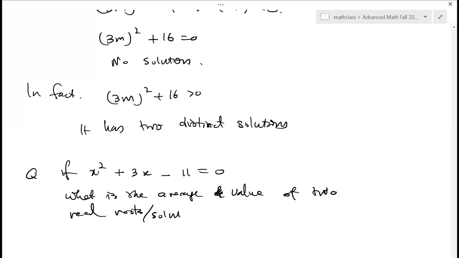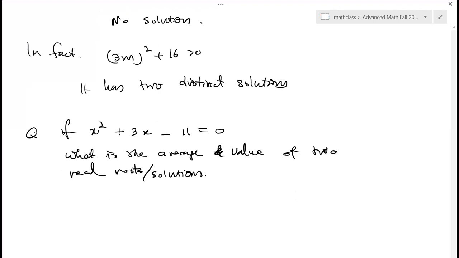Okay, solutions, you can say. But we don't want to find the two real roots. We just want to find the average value.